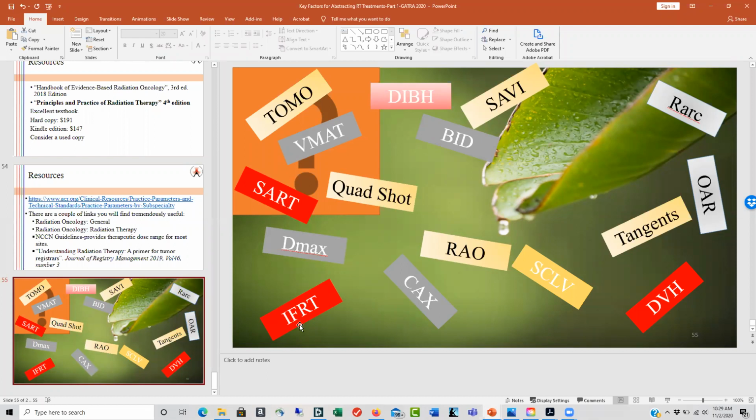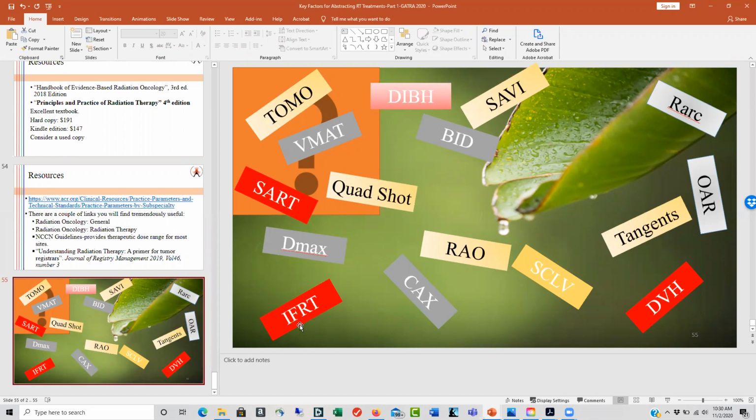One of the things that we can do, and I have said this in previous presentations, is we need to take the initiative to educate our radiation oncology department on the codes that we're asked to capture in the abstract, because they need to be familiar with that. My initial conversations with our radiation oncologist was like, what is a phase? What are you talking about?